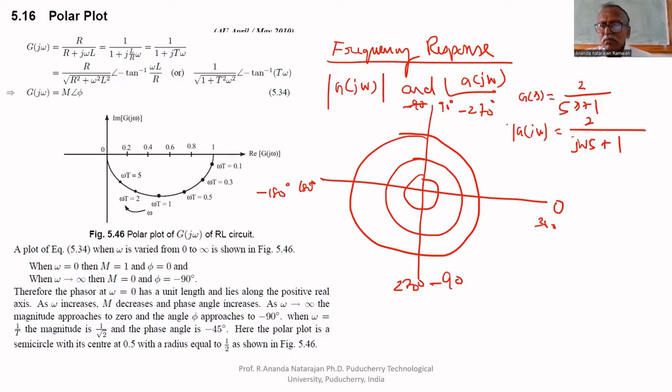The modulus of G of j omega equal to 2 upon square root of 25 omega square plus 1. This is the modulus of G of j omega.